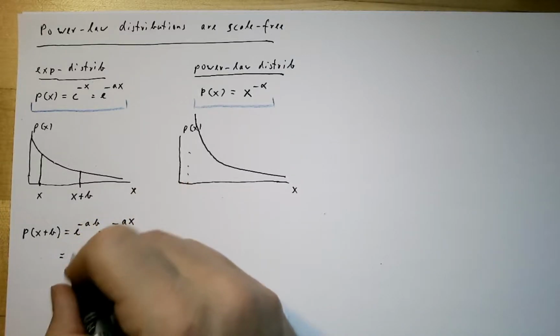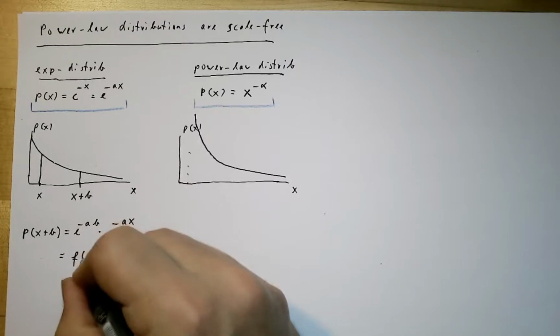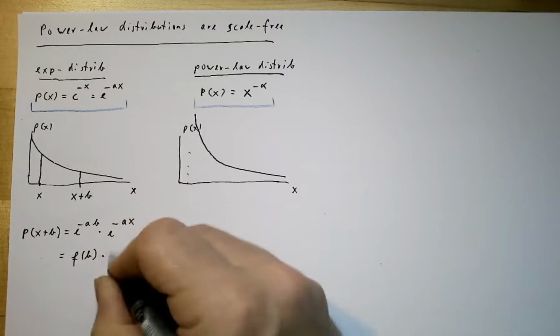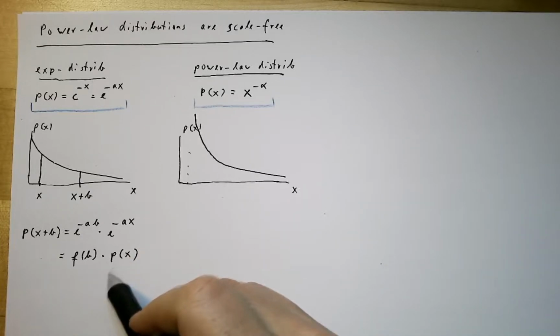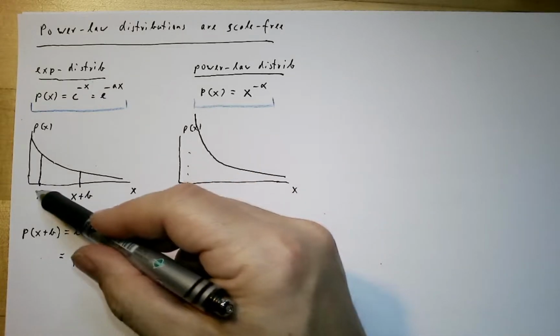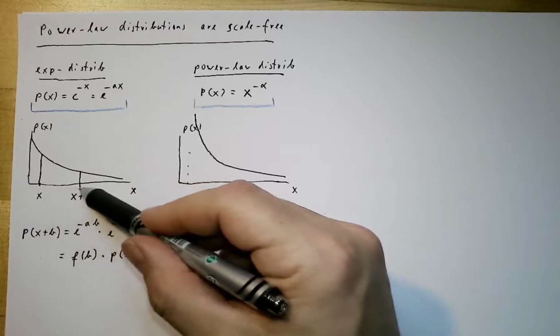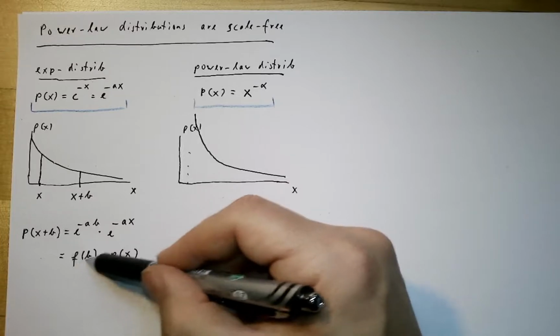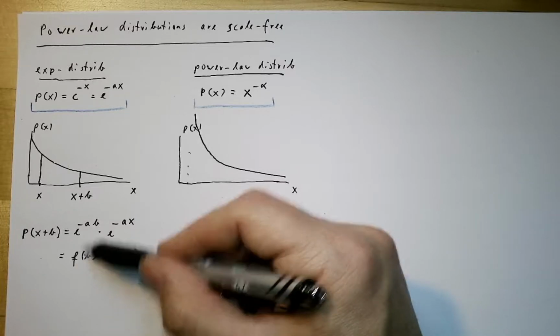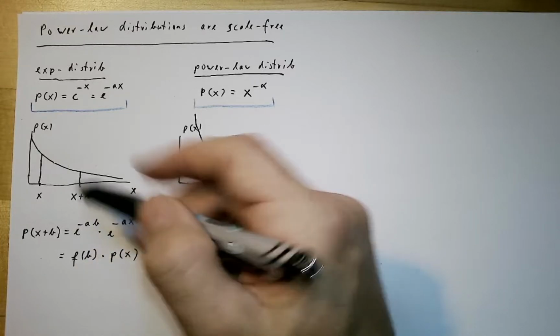So we can write this as a function of b times our probability p of x. And so this means if we go a certain distance to the side, our distribution is just reduced by a factor which depends on this b.